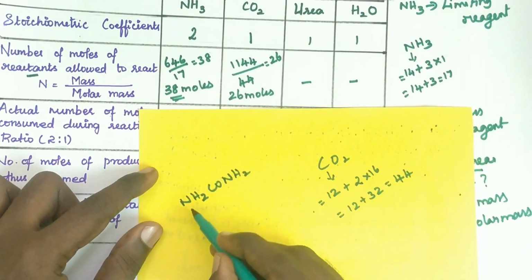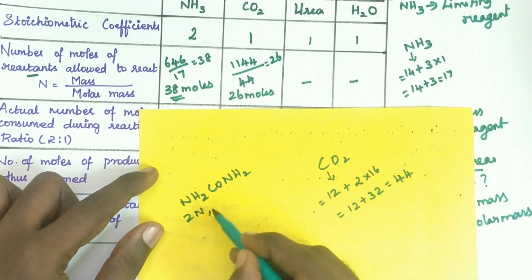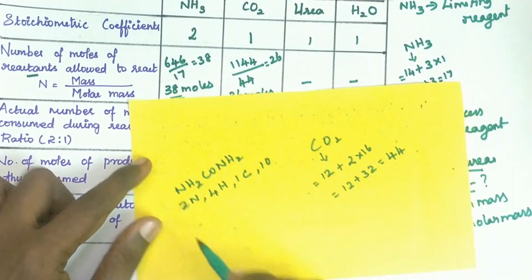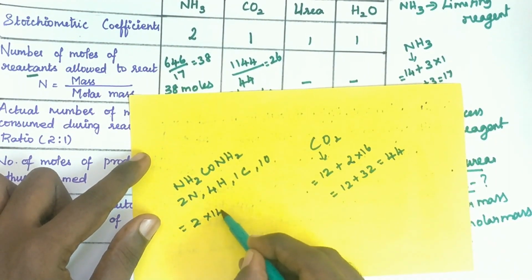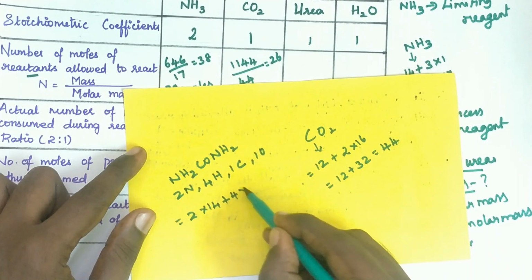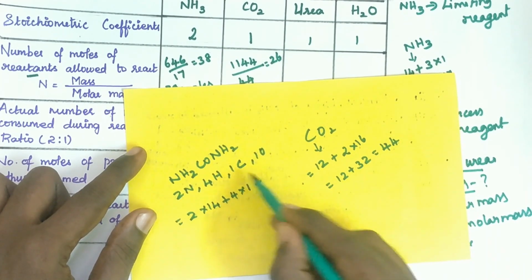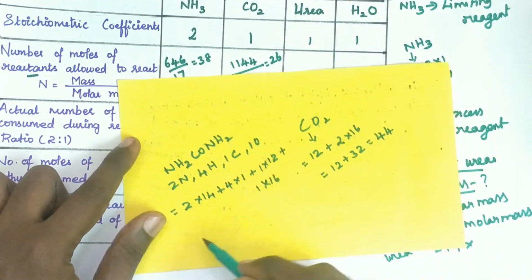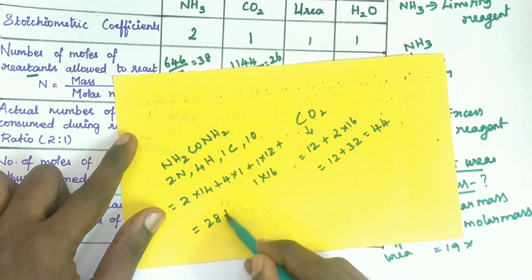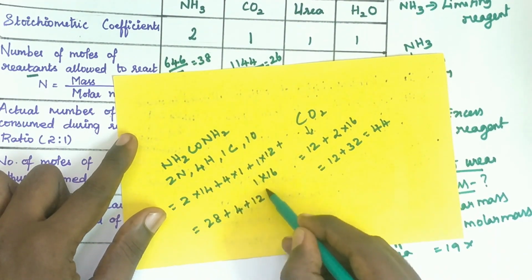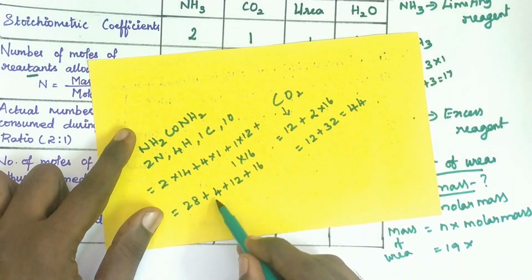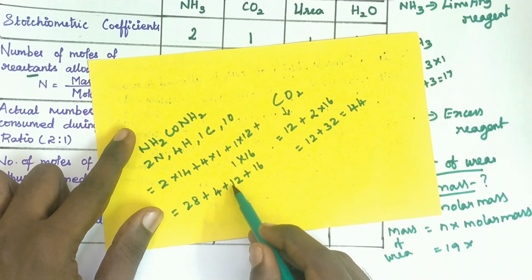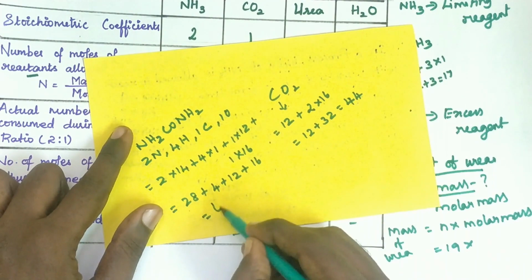So, molar mass calculation: number of nitrogen 2, number of hydrogen 4, carbon 1, oxygen 1. So 2 into 14 plus 4 into 1, the hydrogen atomic mass, plus 1 into 12, the carbon atomic mass, plus 1 into 16. So 28 plus 4 plus 12 plus 16 is 60.